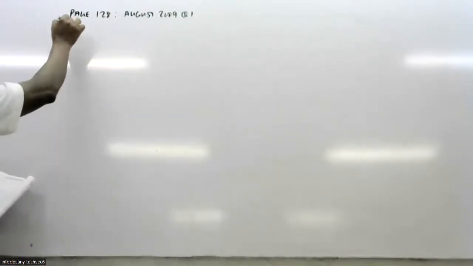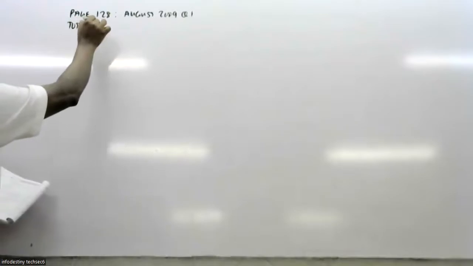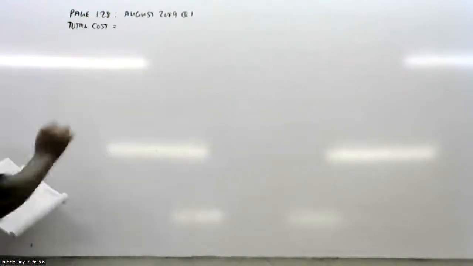Now, when you're dealing with these questions in AMA, it is always good to start with the answer. So the answer is total costs. That is what you are told to get, total costs. In this question, there are 2 types of costs.